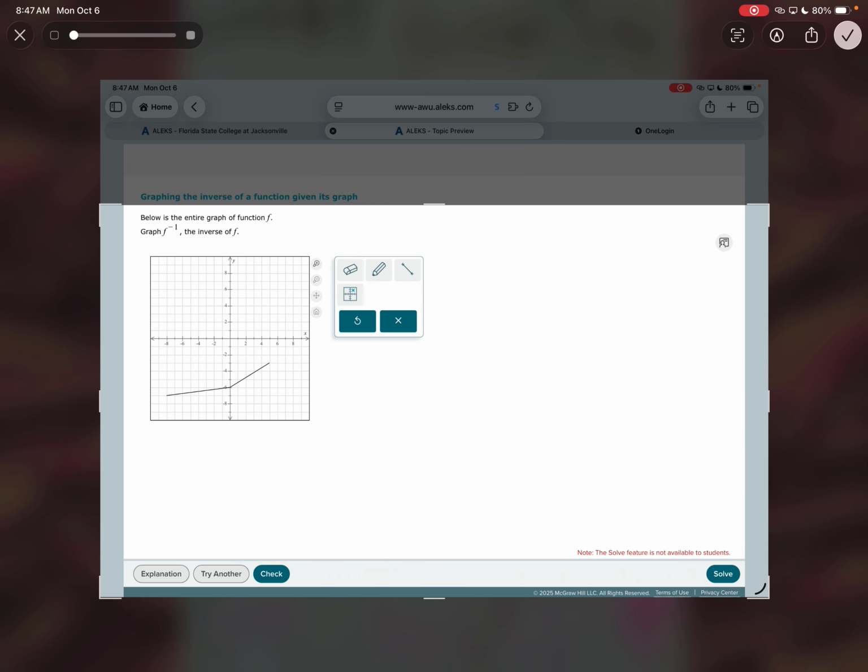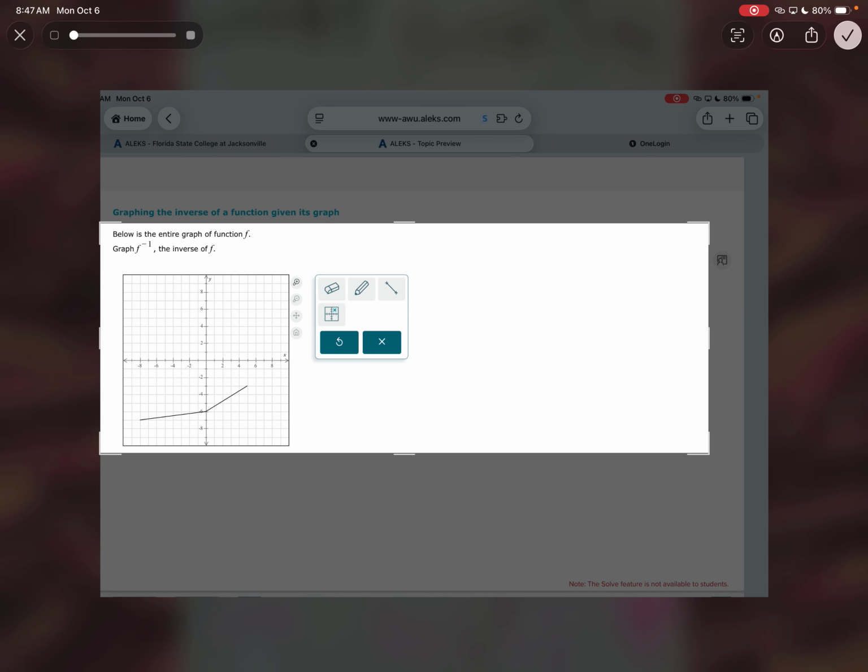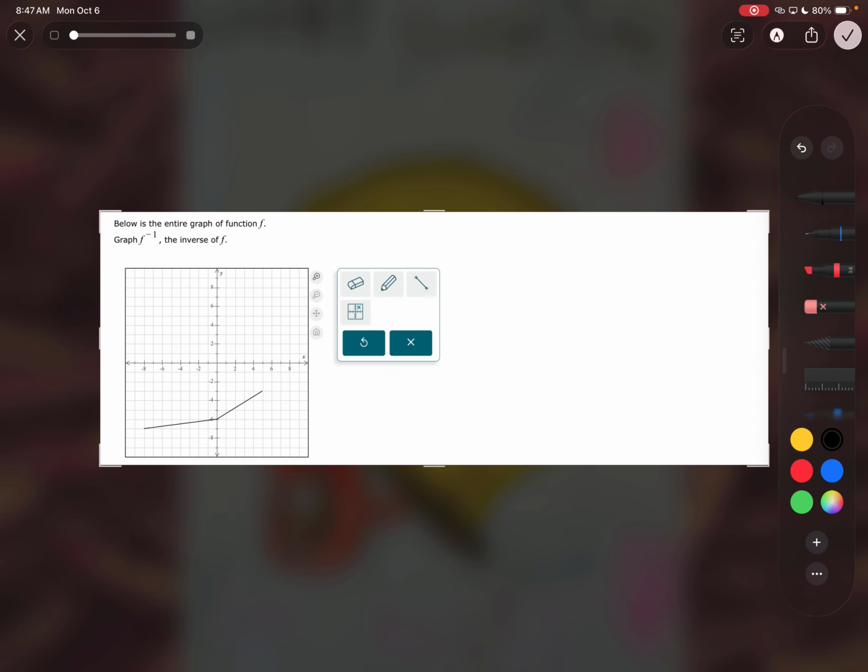So let's write a couple inverse facts here. To have an inverse, the function has to be one-to-one. That's the first thing, and that's why we check the horizontal line test.